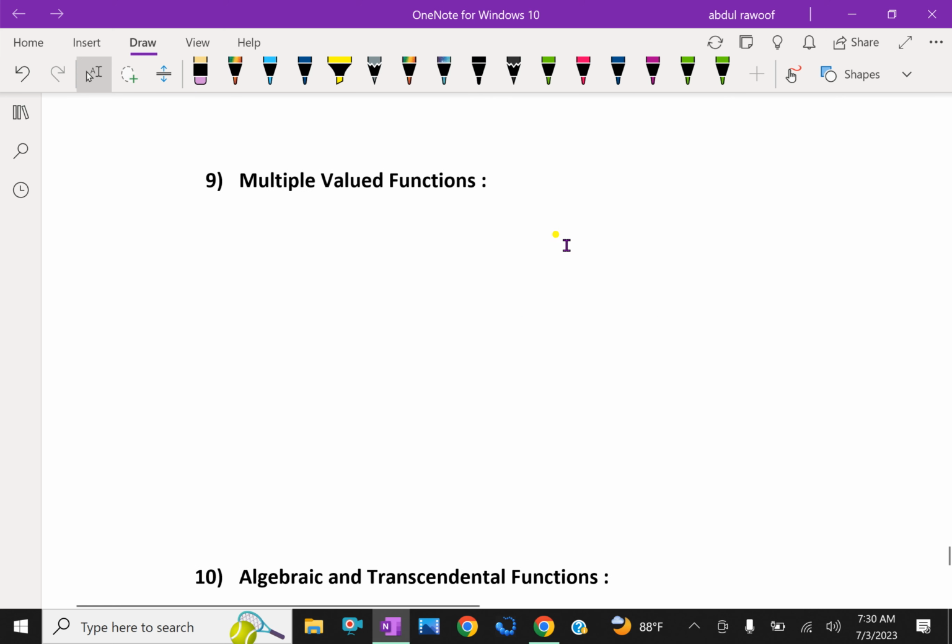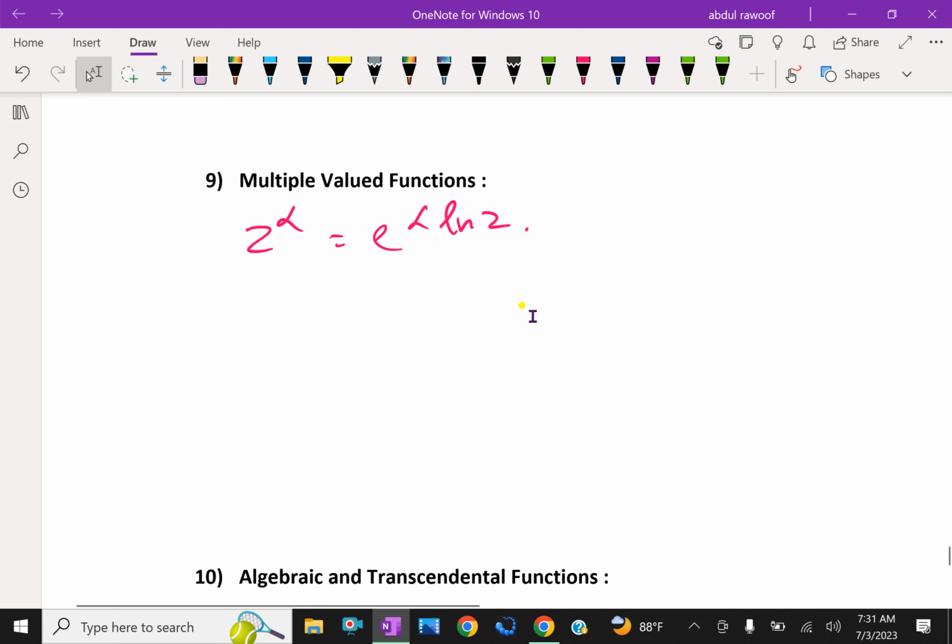Next, multiple valued function. Suppose z power alpha, where alpha may be complex, is defined as e power alpha ln z. Similarly, f of z, g of z are two given functions.